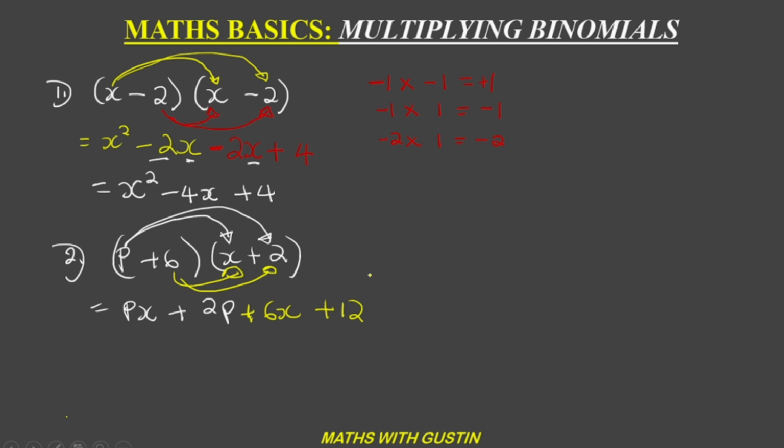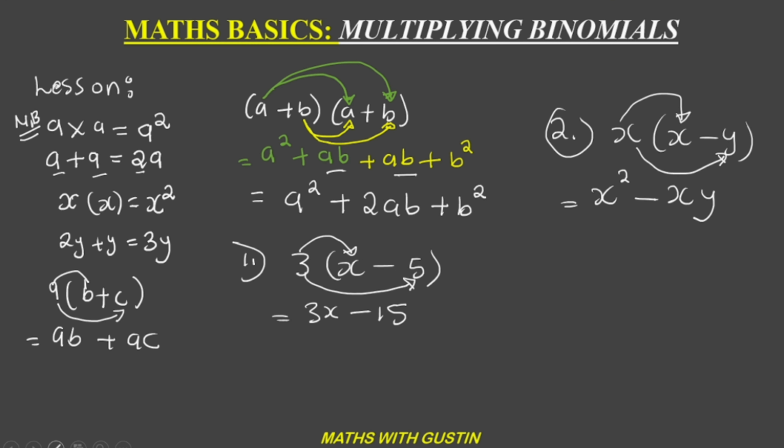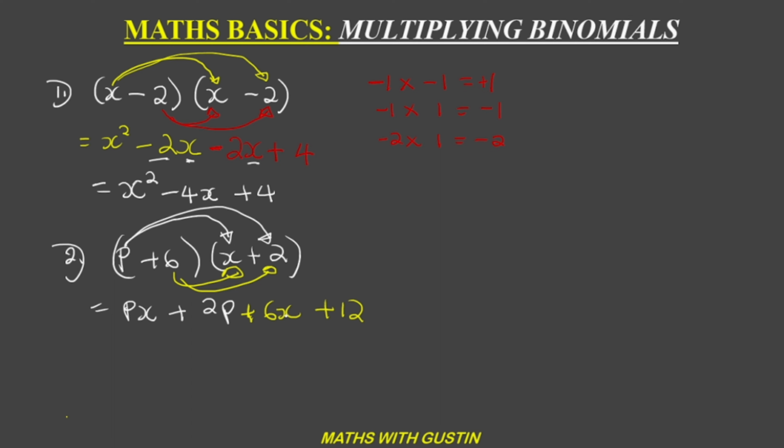Now we need to look for things that are alike and then add them together. px, there's only one. 2p will remain as 2p, plus 6x.